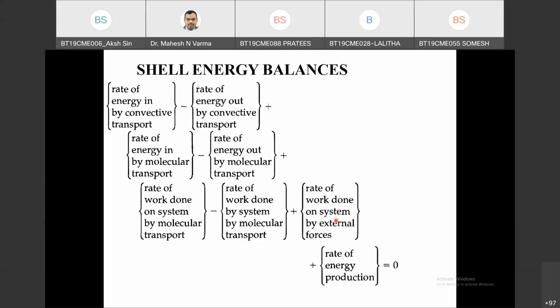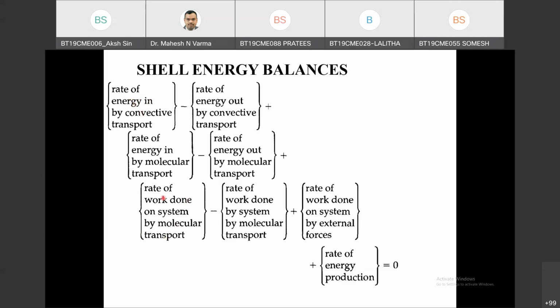It can be positive, energy added to the system. It can be negative, energy removed from the system. If cooling is done, energy is removed. If heating is done, energy is added. If I'm compressing the system, then energy is added. If I am expanding the system, energy is removed. So that will be accounted here, and this will always be associated with this.